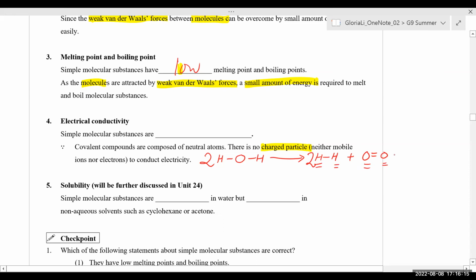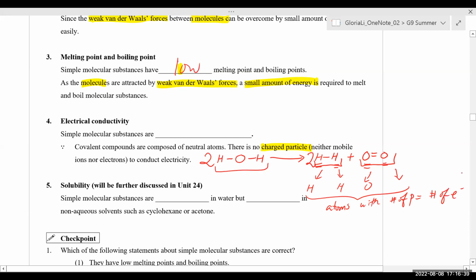So they are electrically neutral. As a whole it is neutral, even if I further separate into the corresponding atoms. The atoms are still neutral, because the number of protons equals the number of electrons. So they are all neutral.